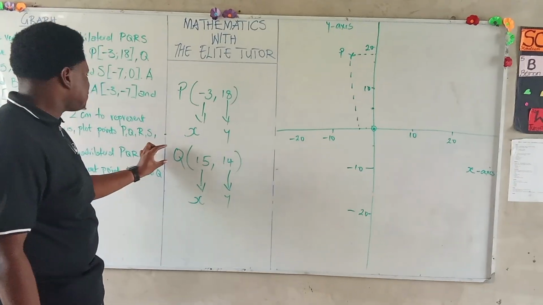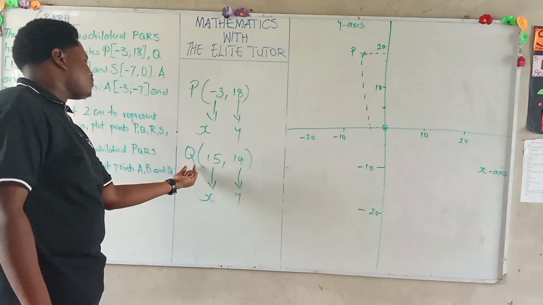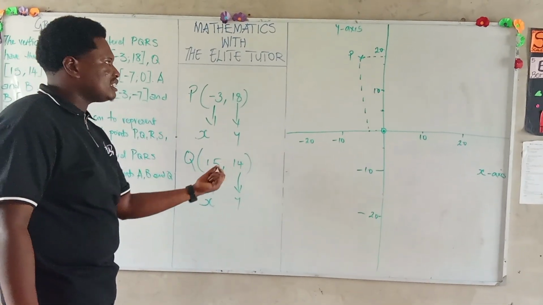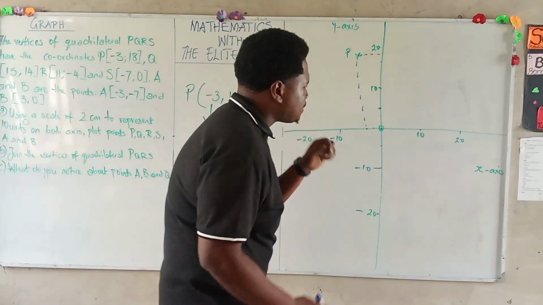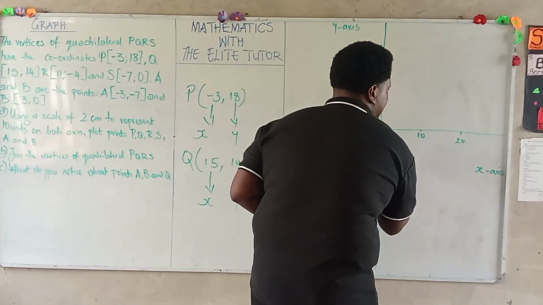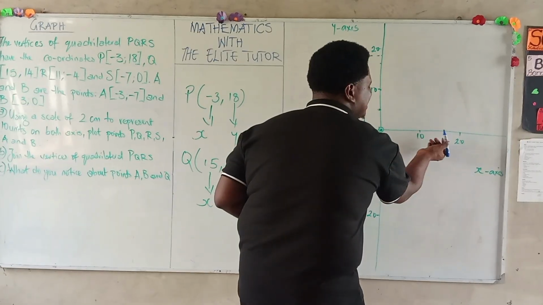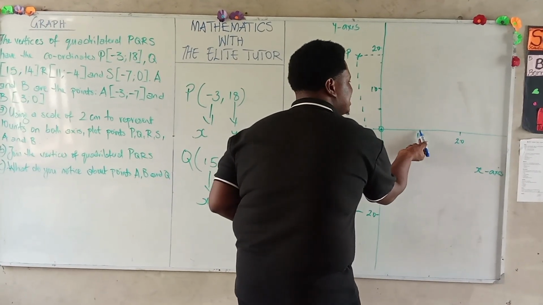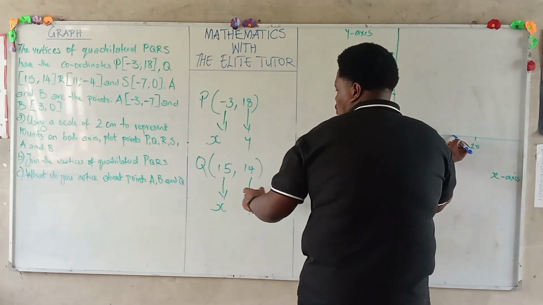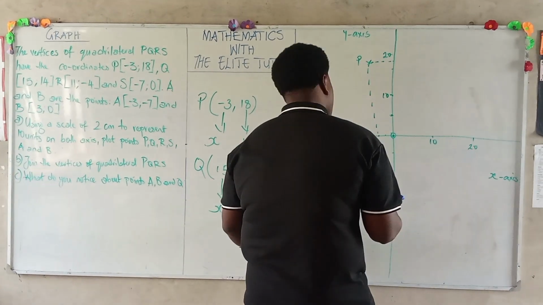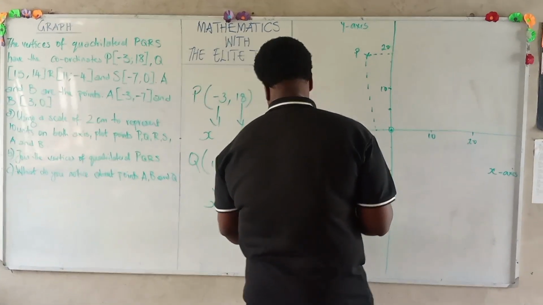Now for our next point, we have the coordinates for Q, which is 15 and 14. So when x is 15, don't forget, x is positive 15. So positive 15 will fall between 10 to 20, not 0 to 10, but 10 to 20. So we're going to have it somewhere in the middle between 10 and 20. When x is 15, y is positive 14.